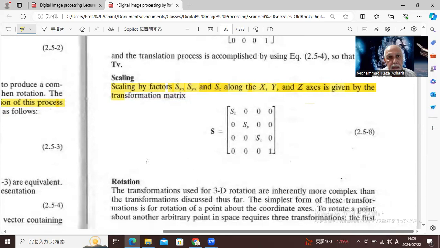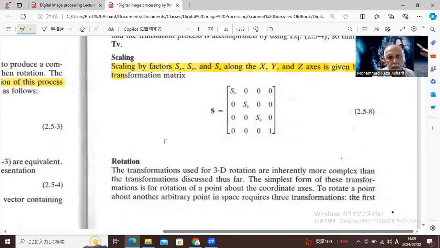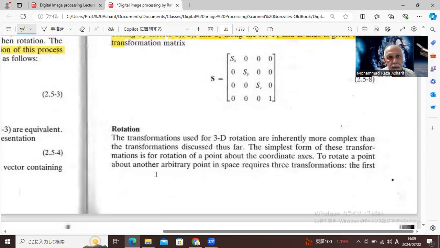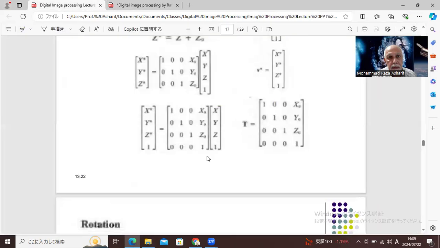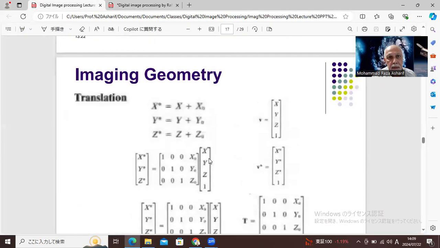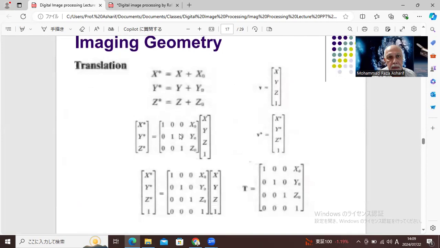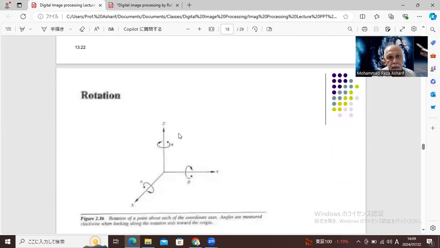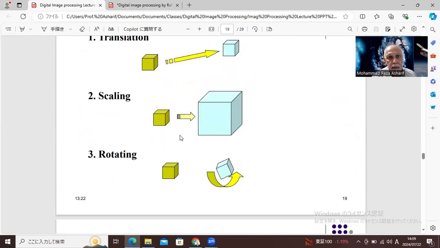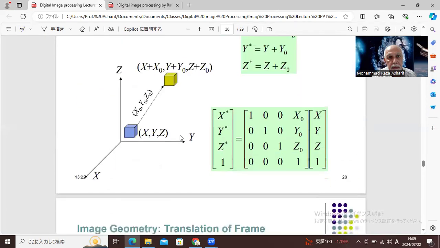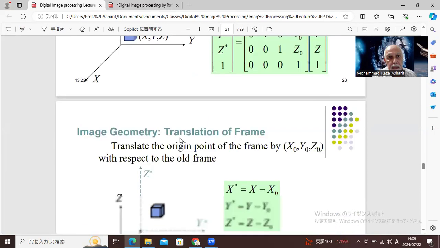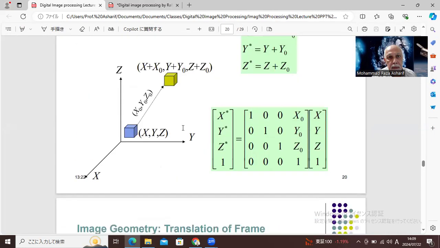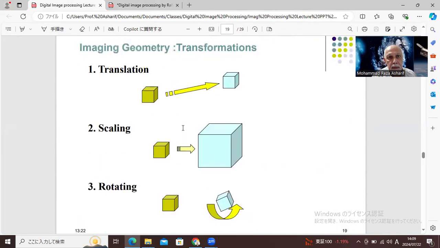This is a 4 by 4 matrix. Another one is rotation, rotating the object. So this one is translation, and then scaling.